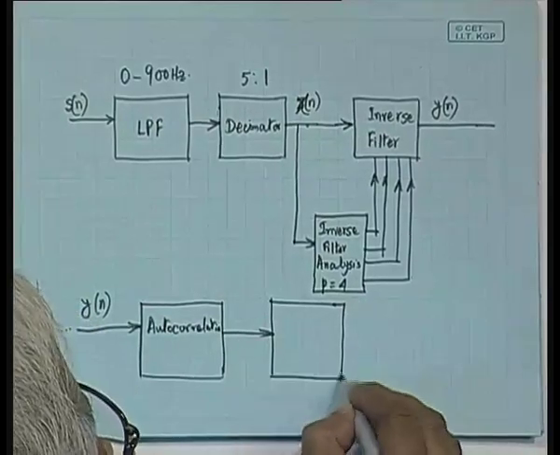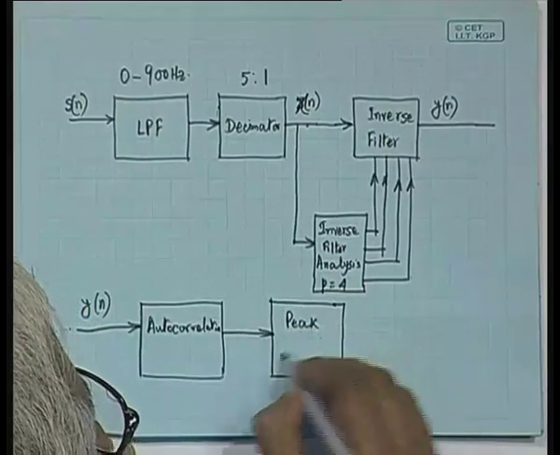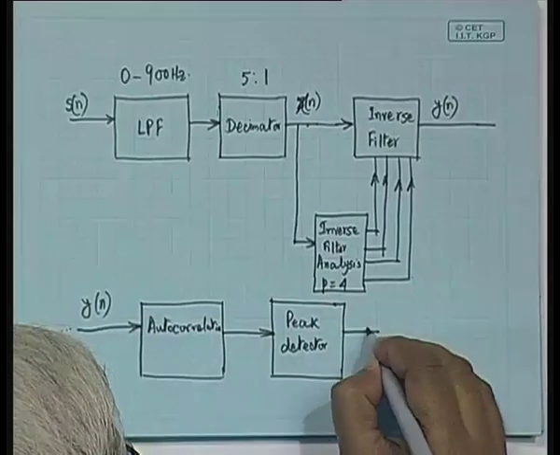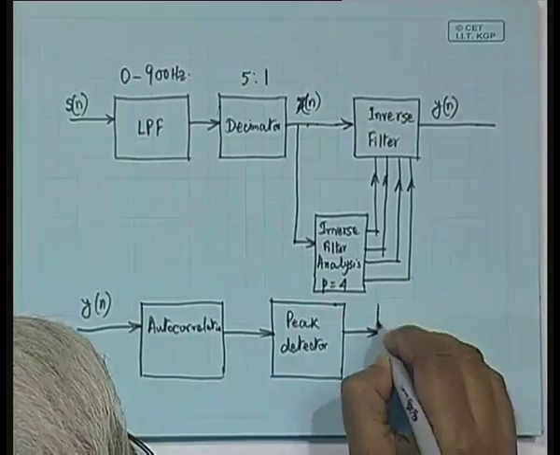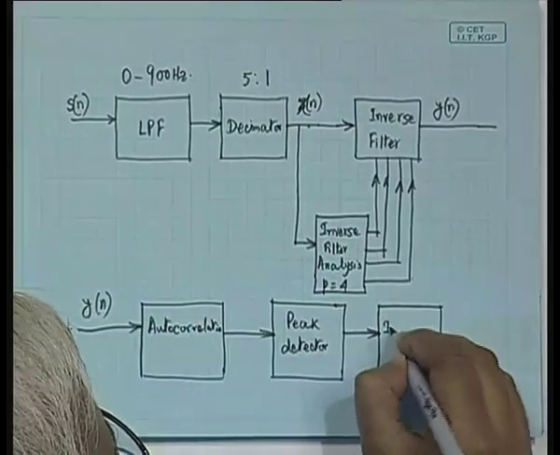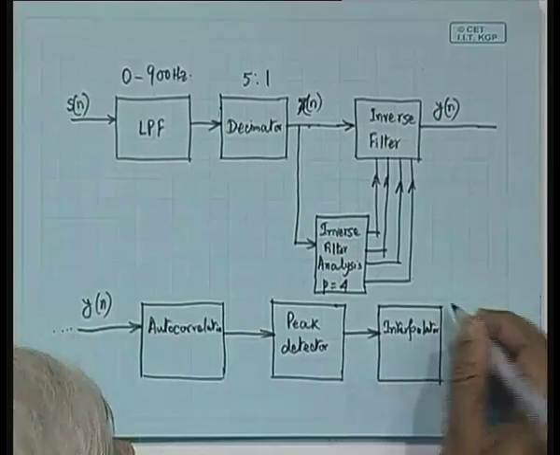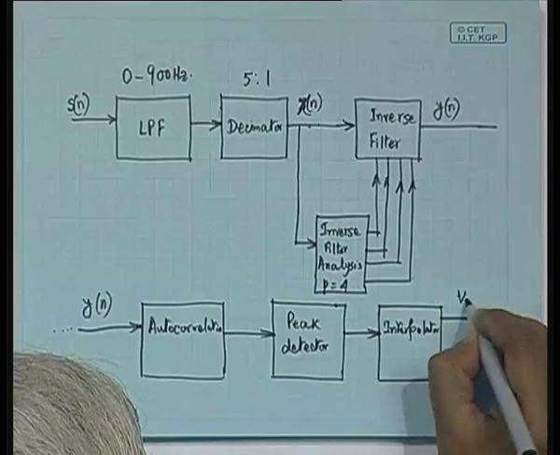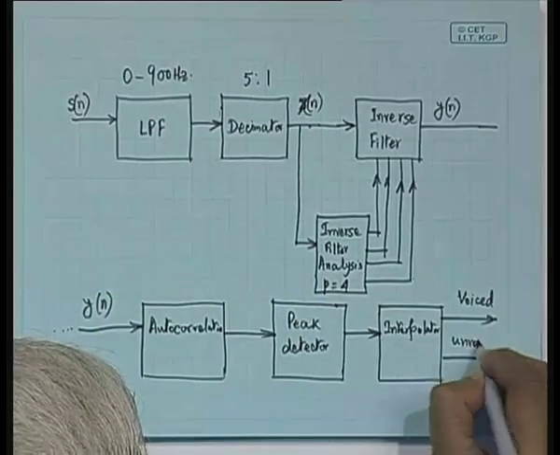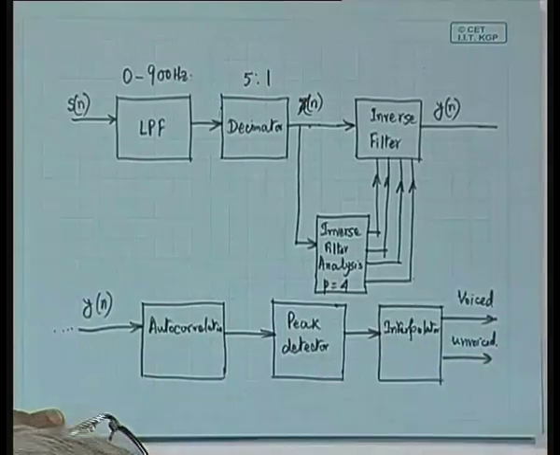There will be a peak detector or peak picker, whatever you can say, and the peak detector output, again we have to use an interpolator, because using the interpolator we are going to decide about the voiced and the unvoiced classification, and the estimated pitch period is of course obtained from this.